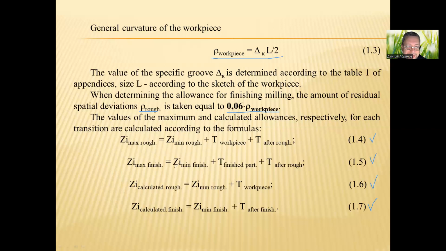It's equal Z i minimum finish plus T suffix finished part plus T after all. Z i calculated rho is equal Z i minimum rho plus T of workpiece.